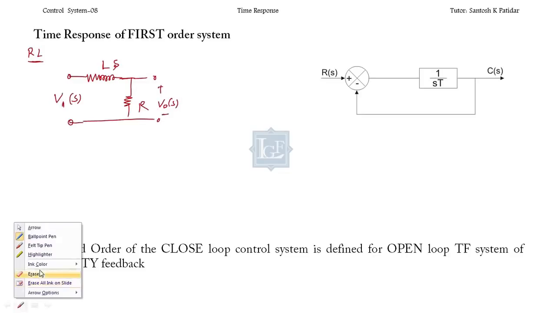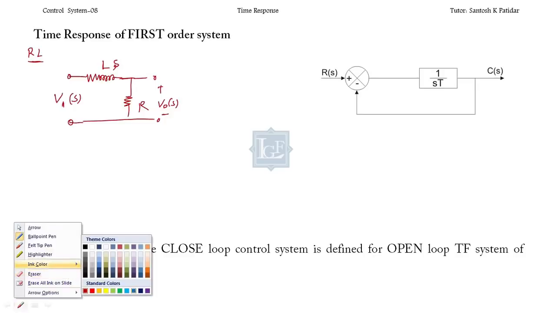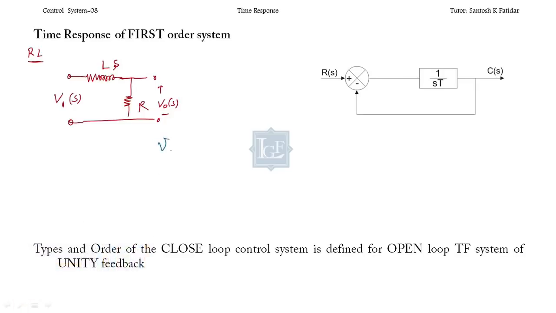In this case, if you find V0 S by VI S, what you will get is 1 upon 1 plus S tau, and here you get 1 plus S L by R. So the tau or the time constant in the case of the RL circuit will be L by R, and the same thing for the RC circuit will be RC.